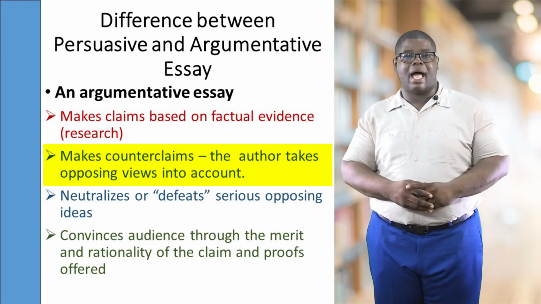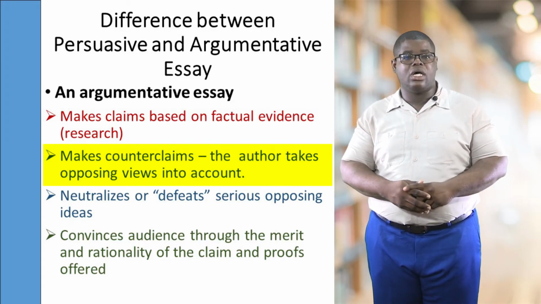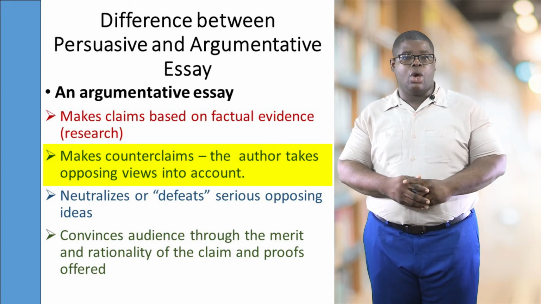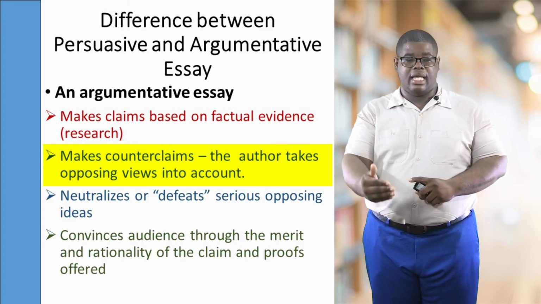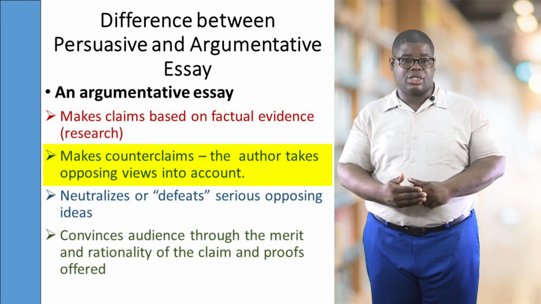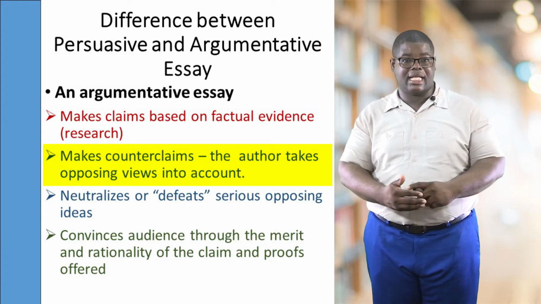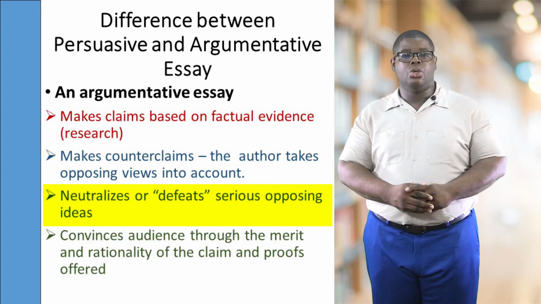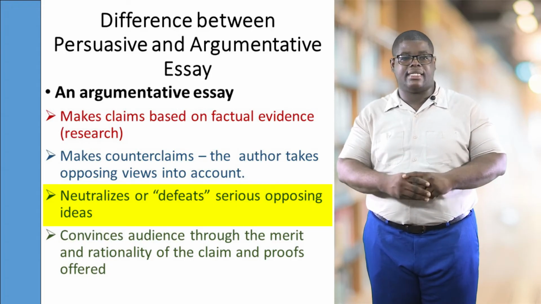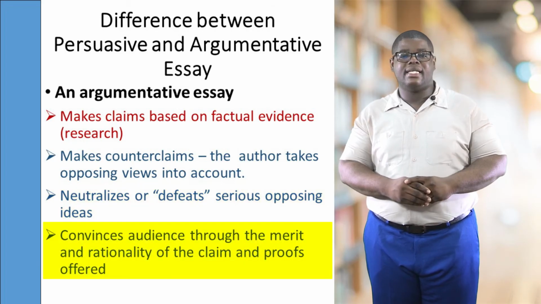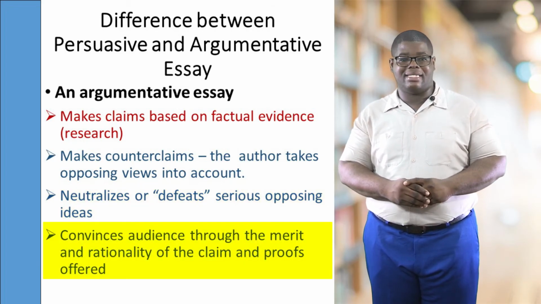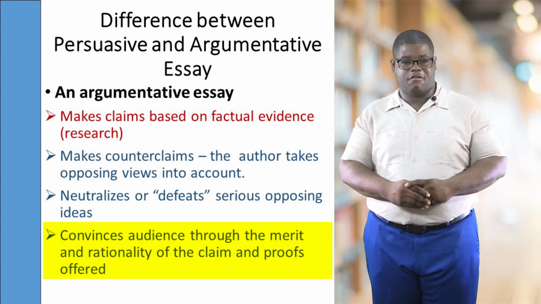And this goes back to what I was saying earlier about counter-argument, where you take your opponent's views into consideration and you can argue against it to fully establish your point. It neutralizes or defeats serious opposing ideas. It convinces the audience through the merit and rationality of the claim and proofs offered.